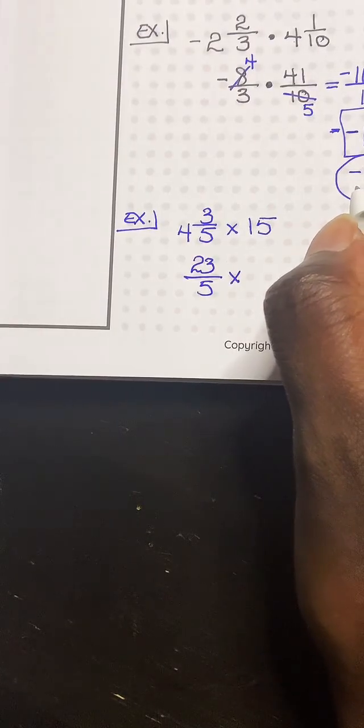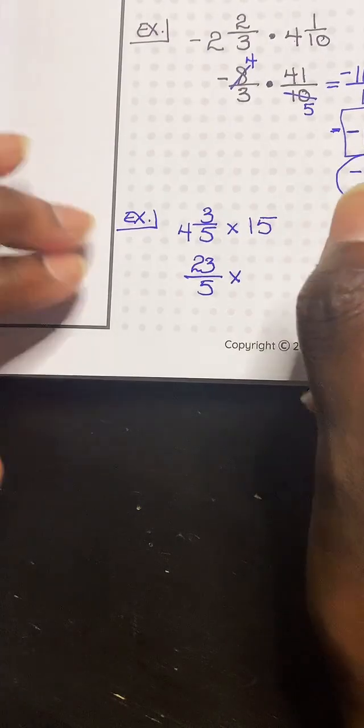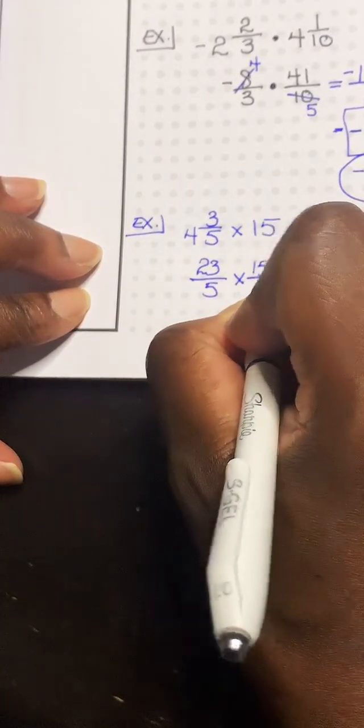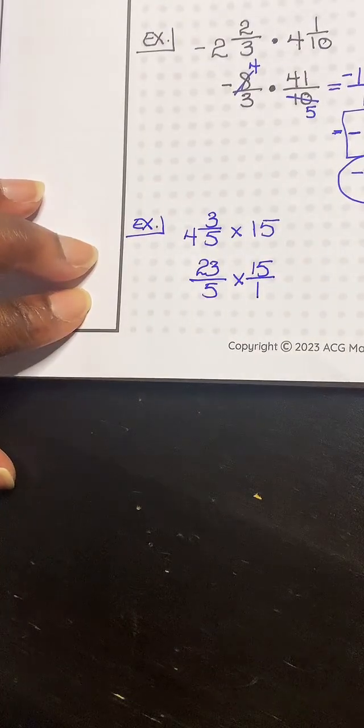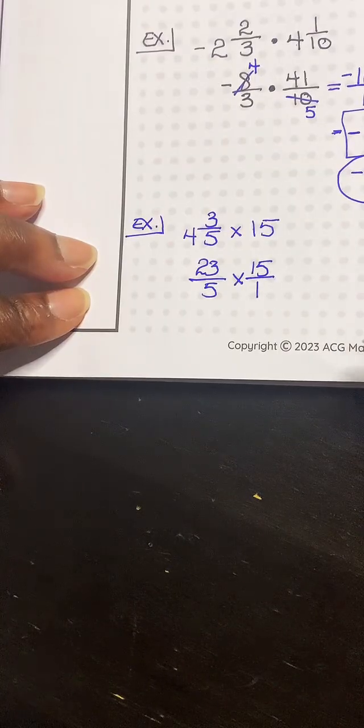Okay, so we got our 15 over 1. Good job. Anytime we have a whole number, we definitely put it over 1. We're not taking away the value of the 15. We're just making it into a fraction.